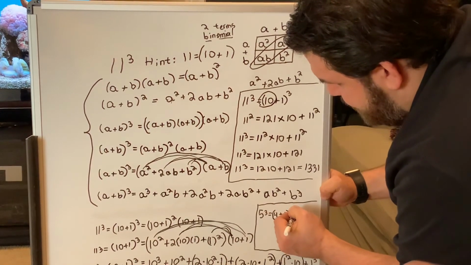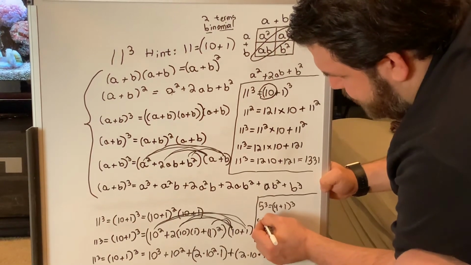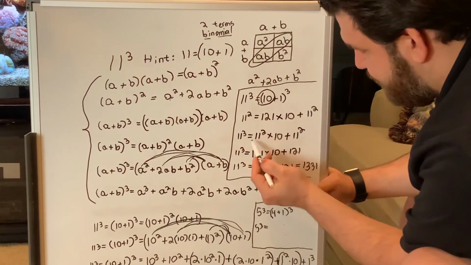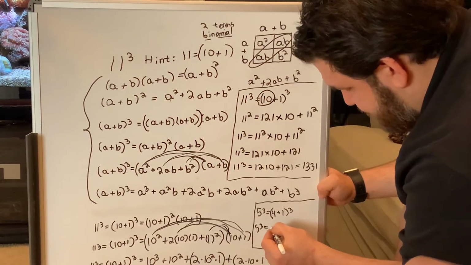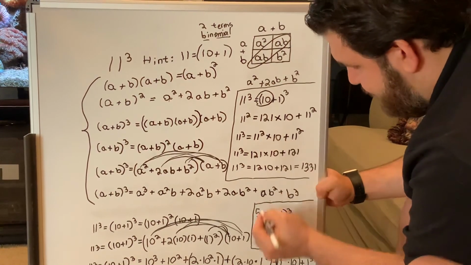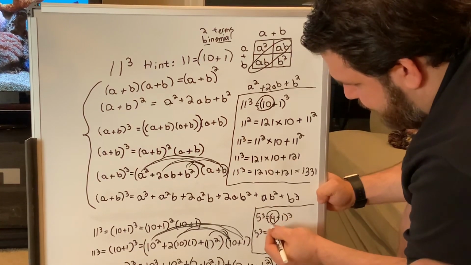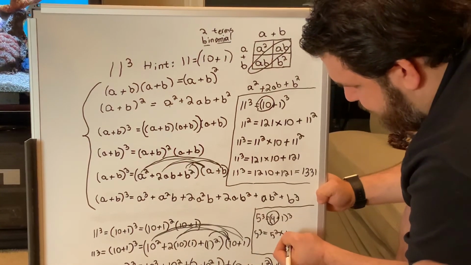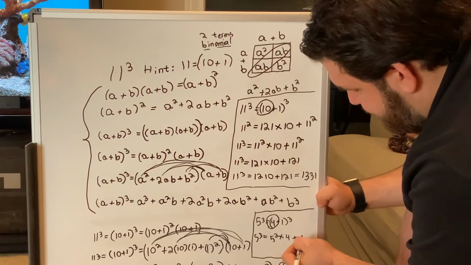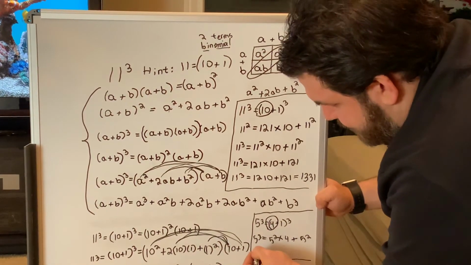Okay. So her process would be 5 cubed is really equal to, let's follow her procedure, 5 squared times, not 10, but whatever number is sitting here. So times 4 plus 5 squared.